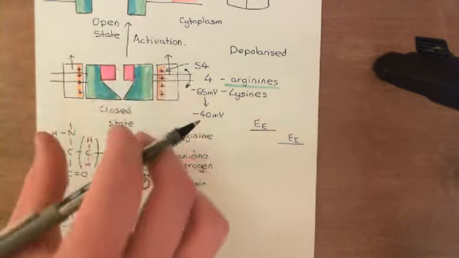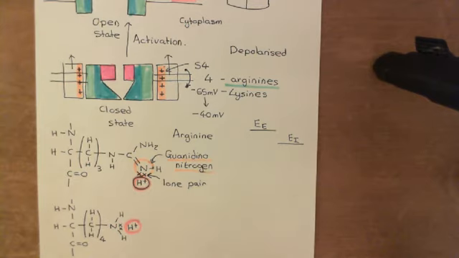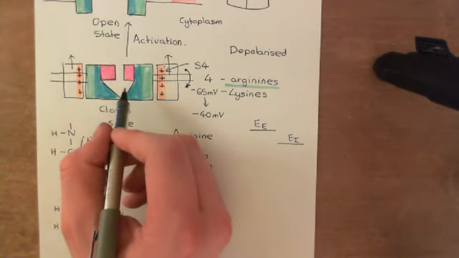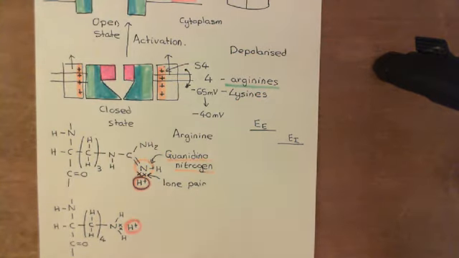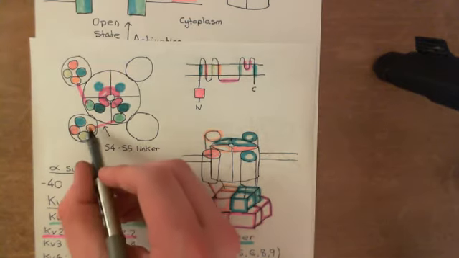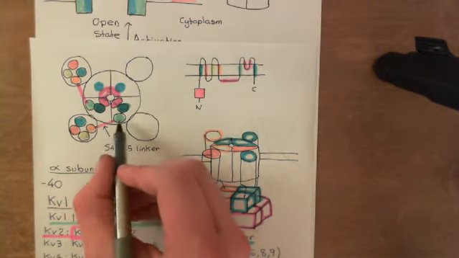And this movement up is then going to be transferred to the pore forming domains via the S4, S5 linker. Remember there is this linker between the S4 alpha helix and the S5 alpha helix.